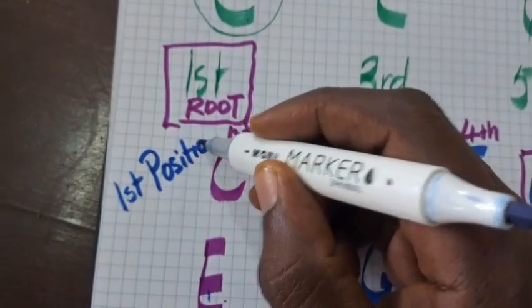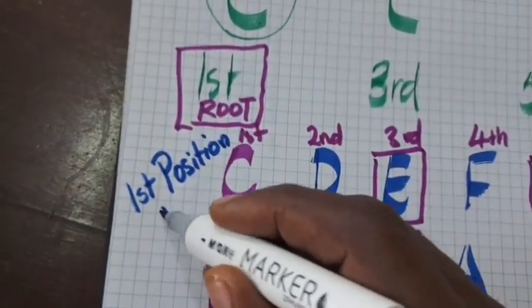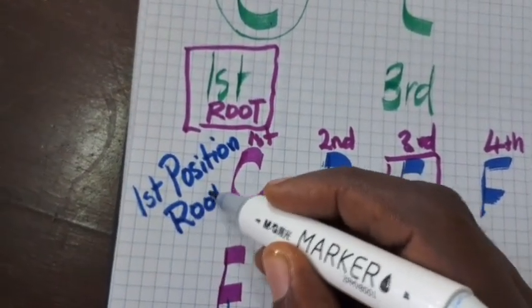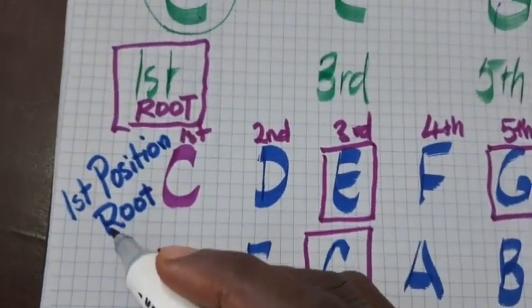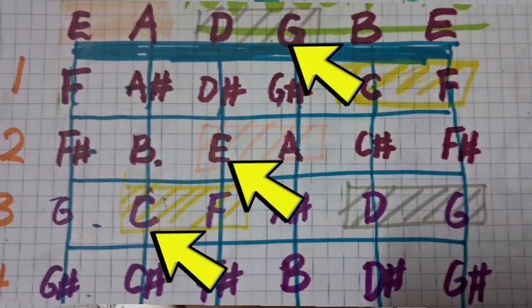That is when C is in the middle, or it is called the root position. So either first position or the root position when C is in the beginning of the triad.